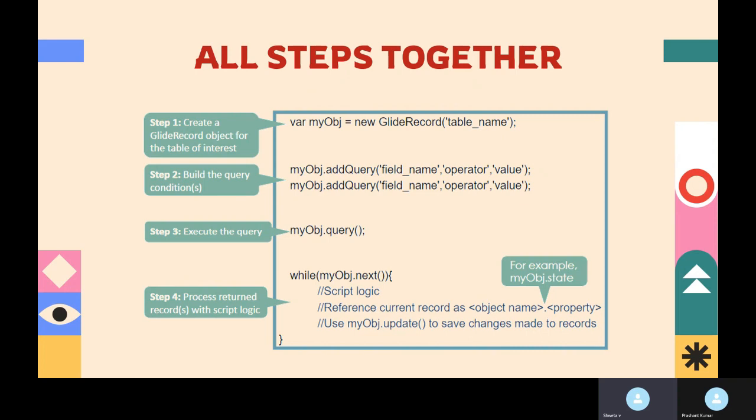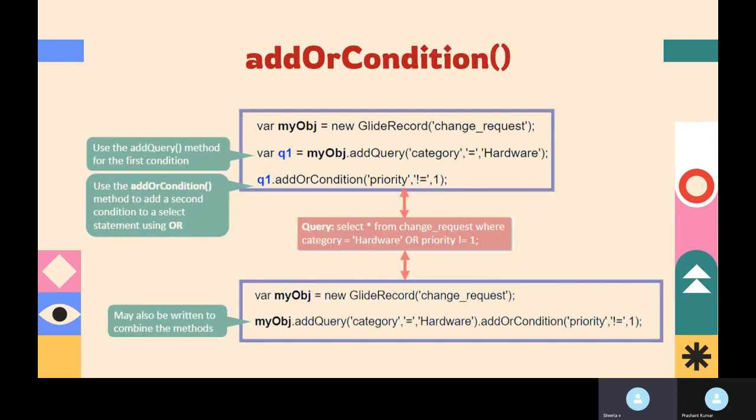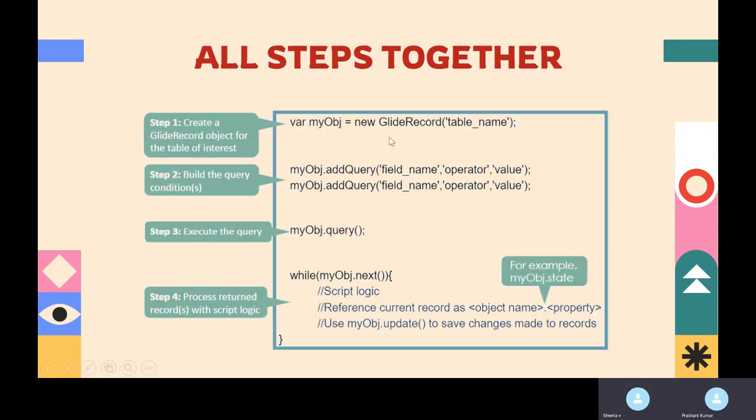Now we will see how we can add an OR condition. Previously we added the query and just added 2 conditions, so those 2 queries work as an AND condition. My object dot addQuery, field name, operator, value. If these 2 lines are written, then it will check in an AND condition.